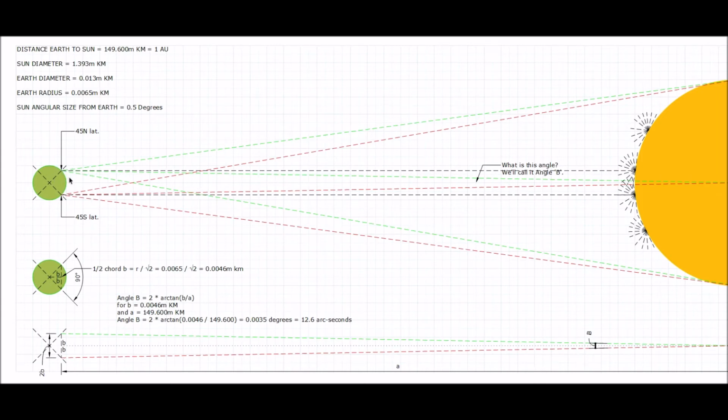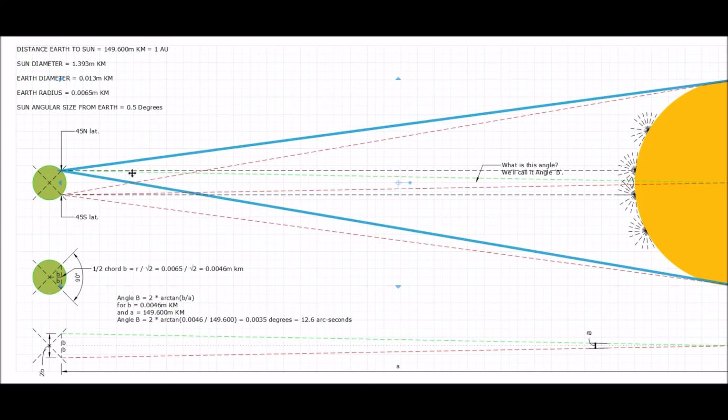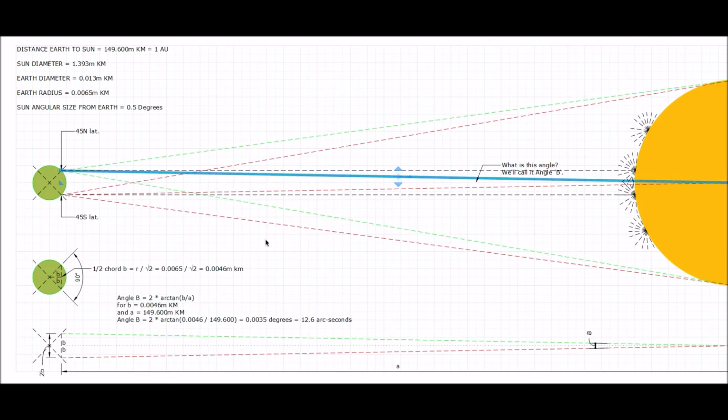So here's a person at 45 north on the left side of the screen and a person at 45 south below that. The green lines represent the entire range of space from which light of the sun is reaching the point at 45 north. And within that, we have an average, which is our central green line, but we also happen to have a line there, as well as a nearly infinite number of other lines reaching this point.